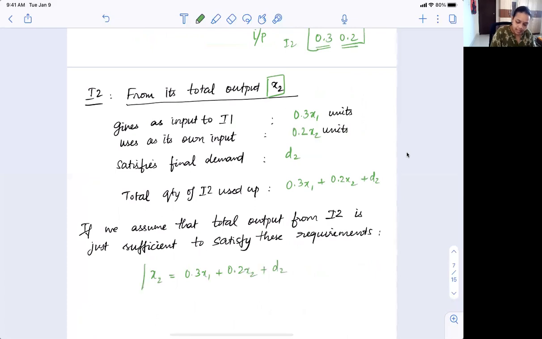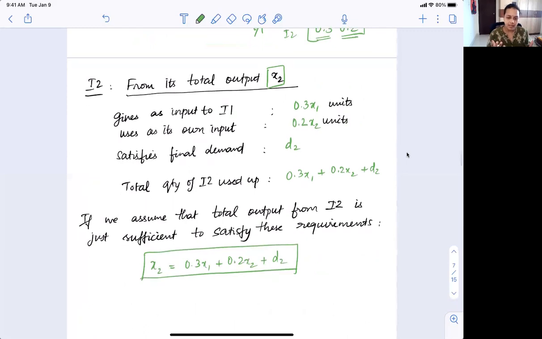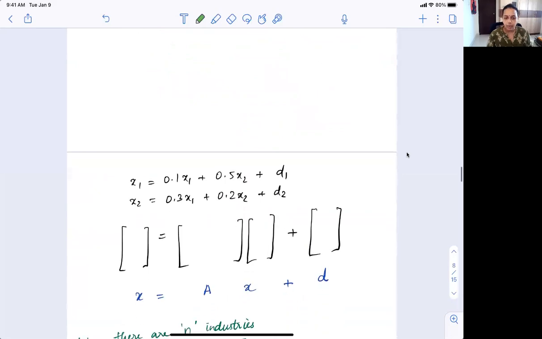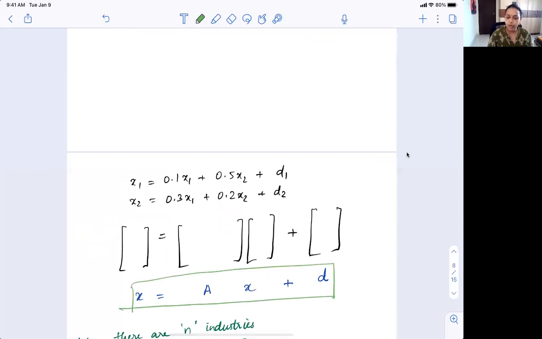So we have the second equation. Now we have two equations and we want to start using matrices. So how does that happen? Well, I've just written down these two equations again. Can I put this into a matrix form, matrix notation of this form?